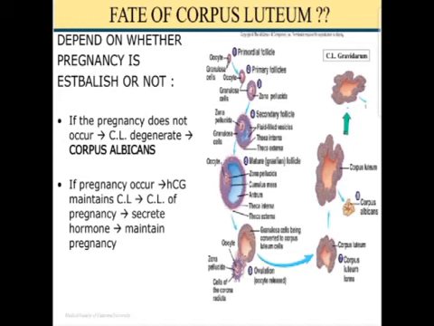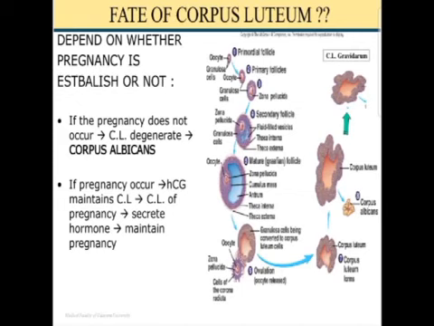What is the fate of the corpus luteum? It depends on whether the pregnancy is established or not. If the pregnancy does not occur, the corpus luteum degenerates and it gives rise to the corpus albicans, which is actually the dead body of the follicle.